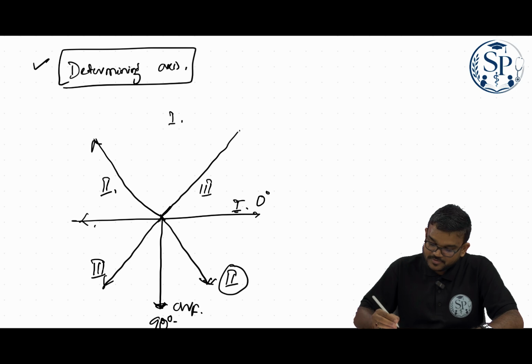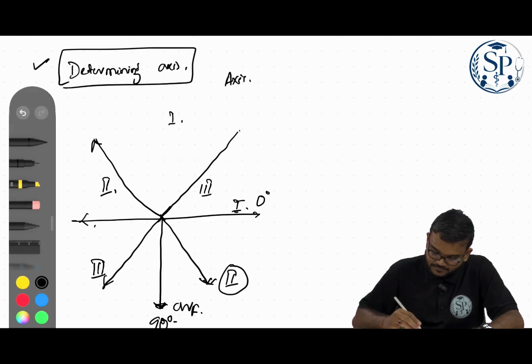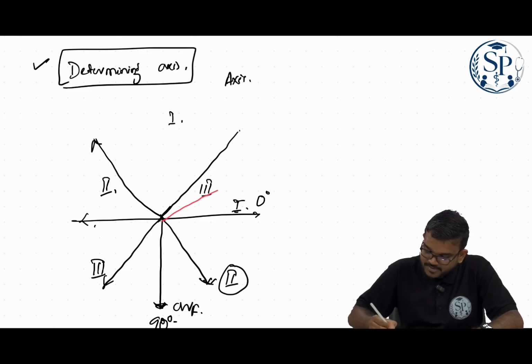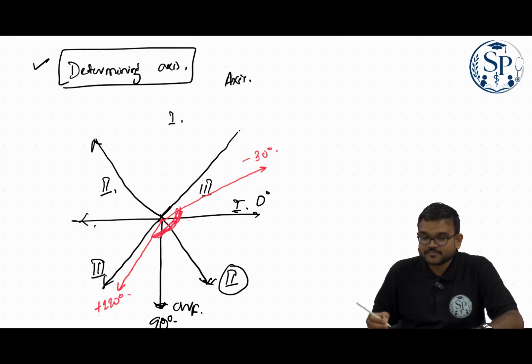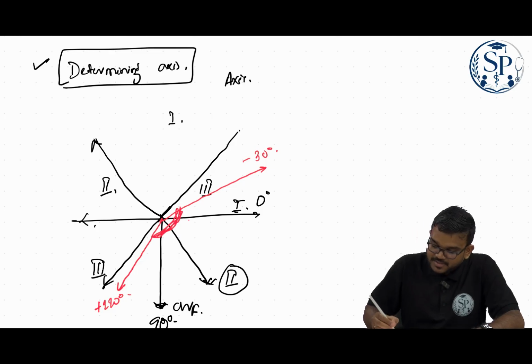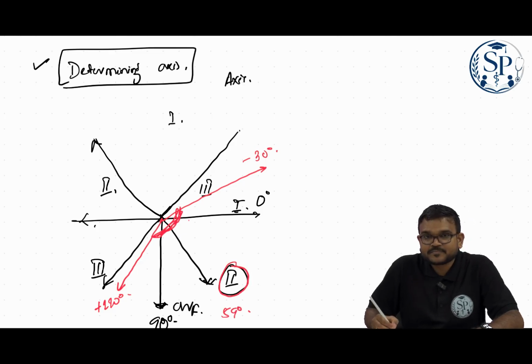Okay, so the axis is from minus 30 degree to plus 110. This is the normal axis. Okay, the net electrical axis falls on 59 degree exactly over lead 2.